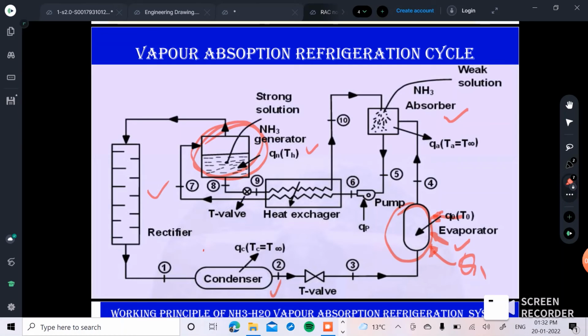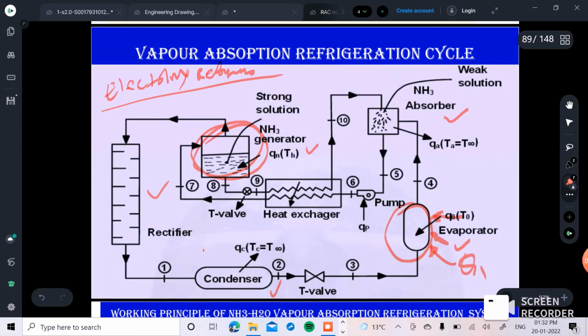So this type of vapor absorption refrigeration system is utilized in the Electrolux refrigerator.